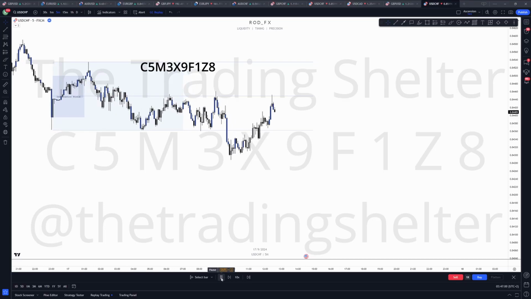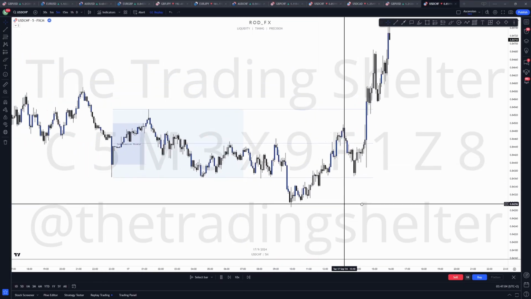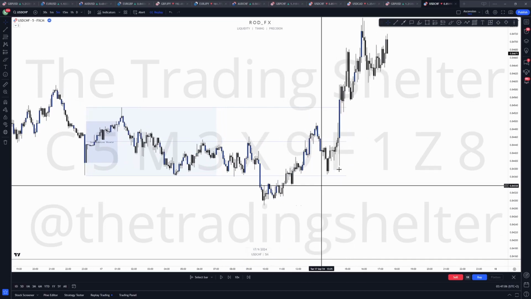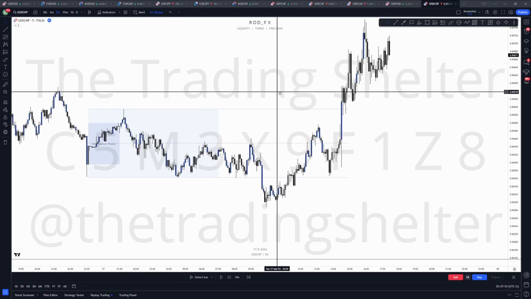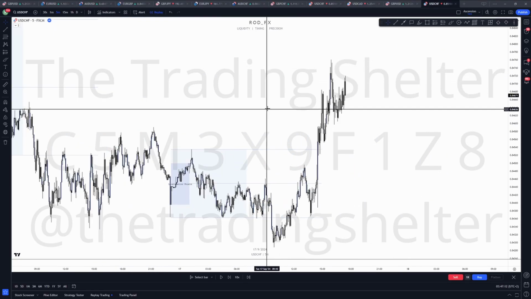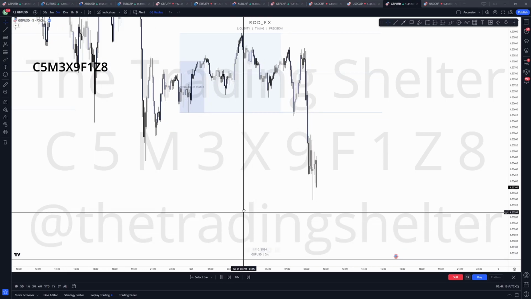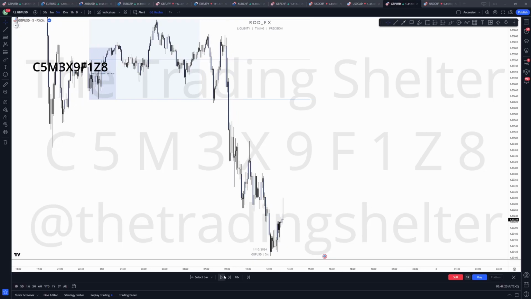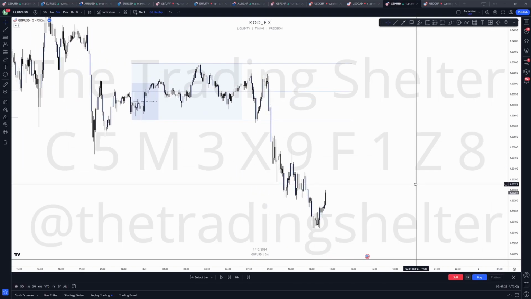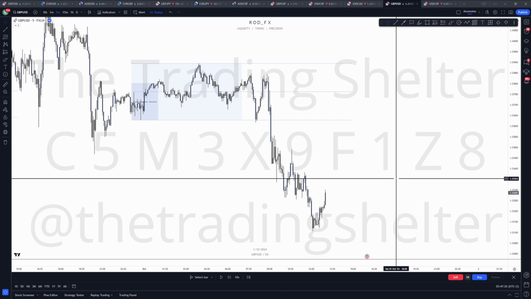As you can see, and here, right? Here we go. And if you see this one, look at all the liquidity above. This one had it here above, and look at this one. Both of those pairs provide similarities.